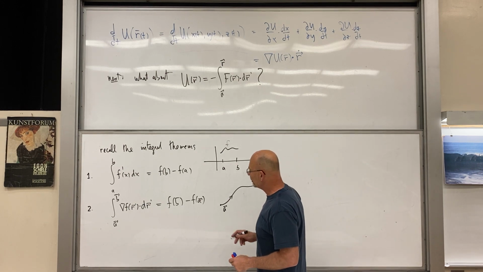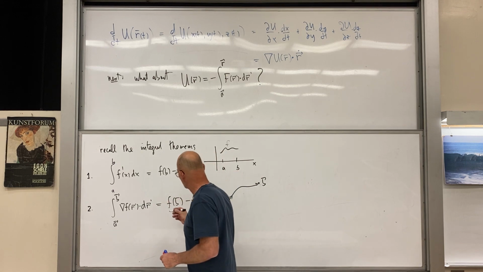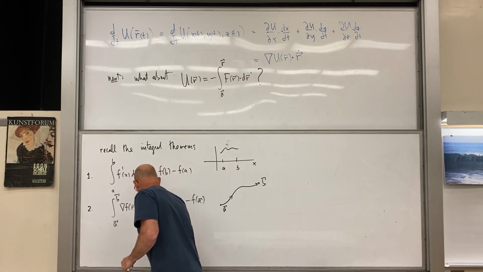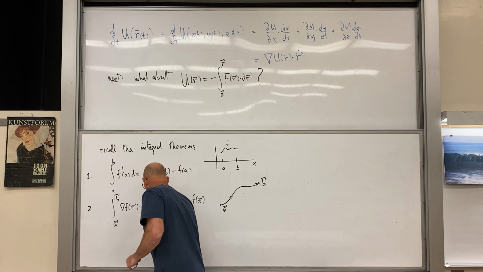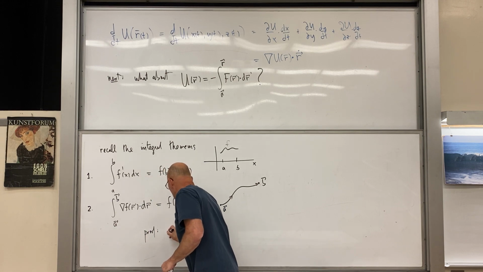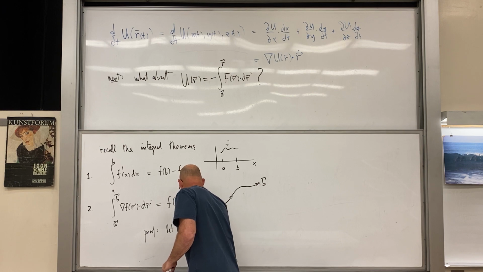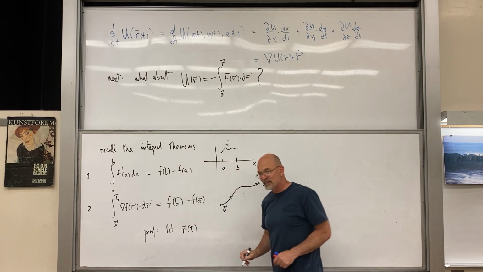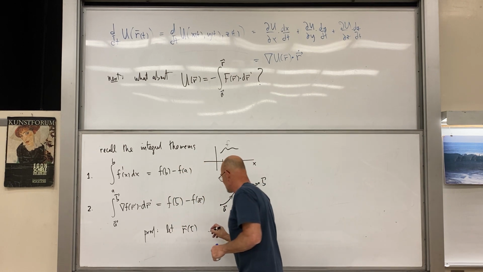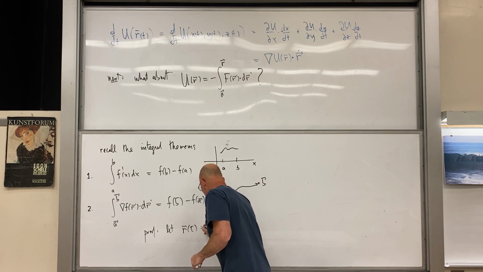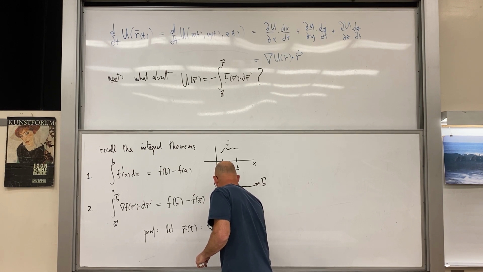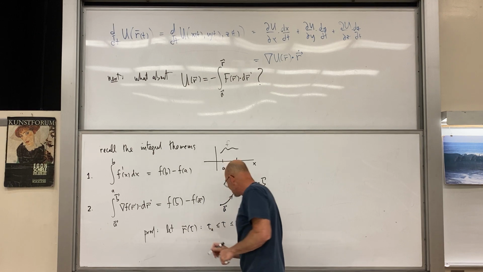In fact, maybe we should do the proof right now. Proof. Let r of tau be a parametrization, such that tau sub a is less than or equal to tau is less than or equal to tau sub b.